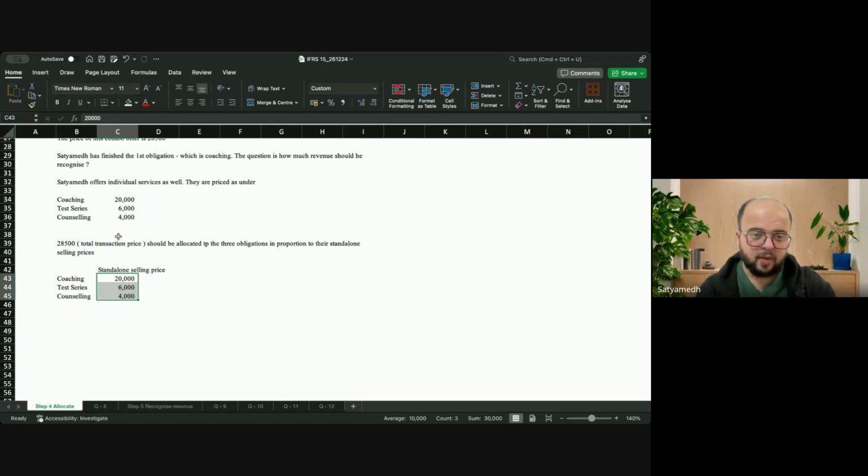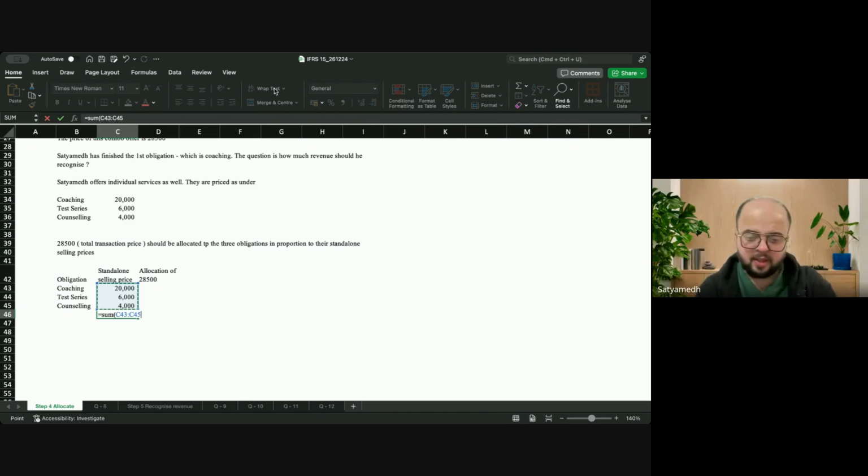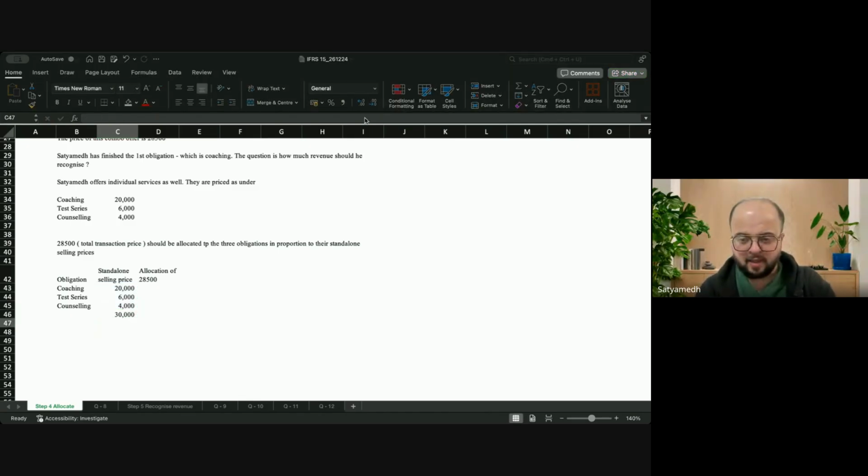So see how the allocation is done. It's again not a very tough aspect. I take the total of 28,500 and split it in the ratio of the standalone selling prices.